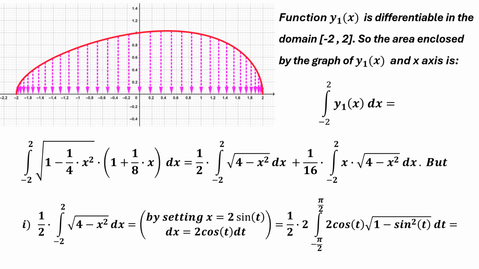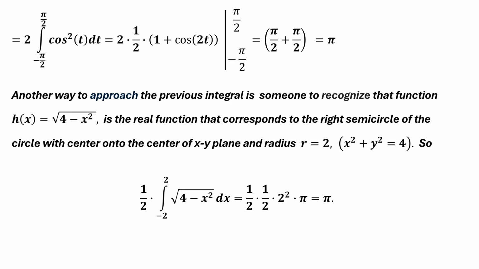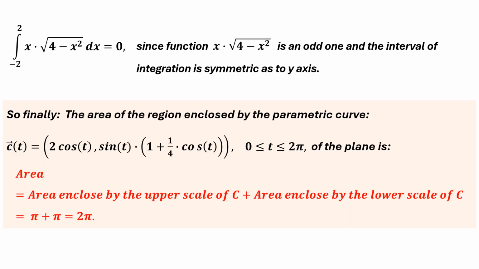Now, in order to save time, please see the way we follow to calculate the area under the graph of function y1. So finally, the area of the region enclosed by the parametric curve is 2 pi.